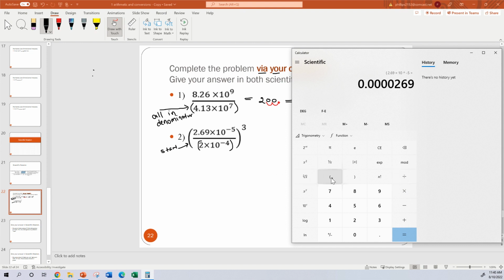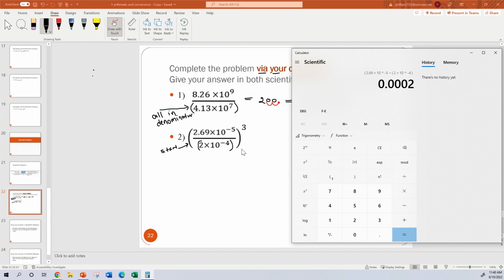So I'm going to need to put in a parenthesis that we hand wrote in. So divided by parenthesis, and I type this number. So 2 times 10 to the, and again, I have to use that negative to put a -4th power. That is the end of the denominator, so I will end a set of parentheses. You can see this computerized calculator shows you the value of that denominator.